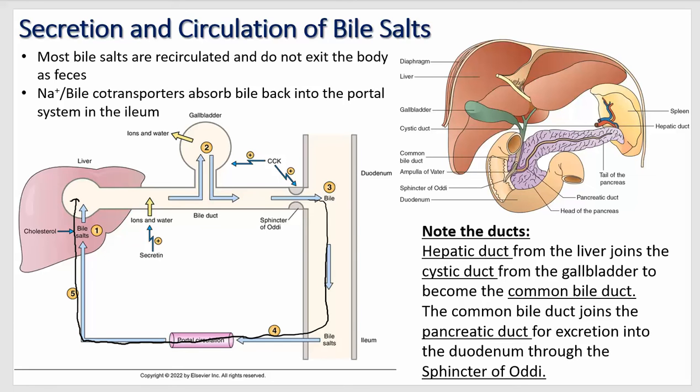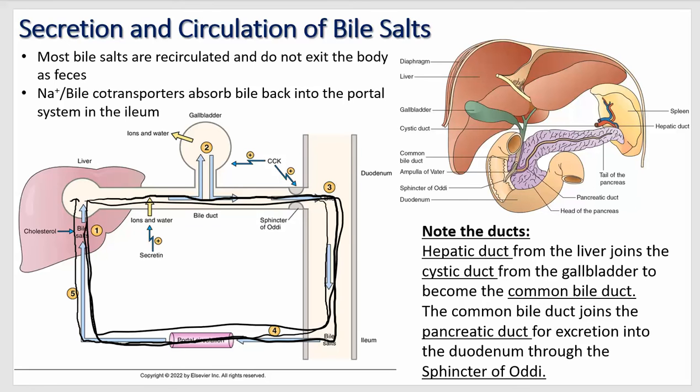Remember, during this stage there was another enzymatic step to make them secondary, and then back to the liver, and then they're conjugated with those amino acids, glycine and taurine, and then they're released as actual bile salts. Then those bile salts are taken back up, so it's a cyclical process.